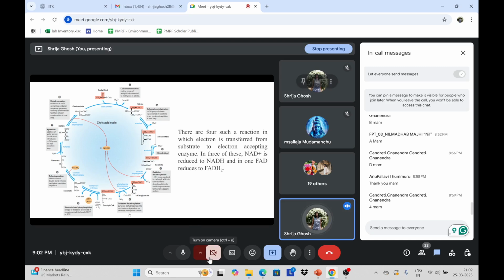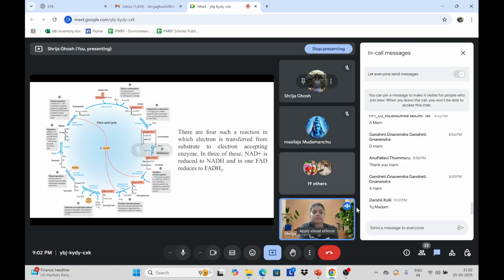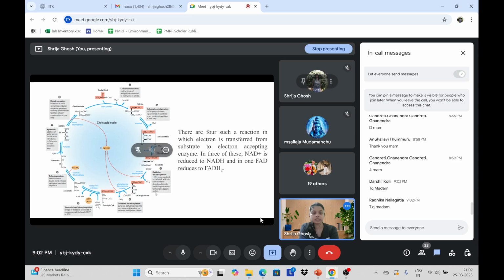So this brings us to the end of the session. So if you have any doubt, please ask. I hope that's clear to everyone how all these pathways are interlinked to each other.